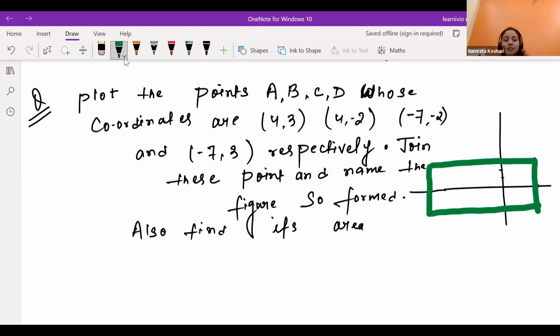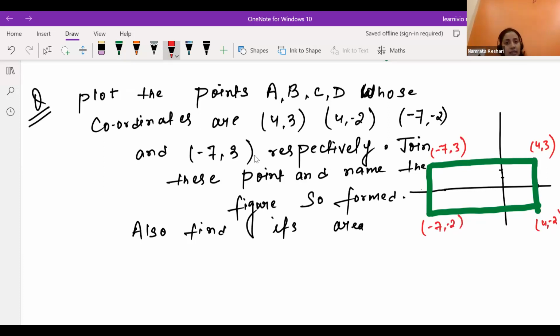That's why I say rough sketch. However, when you do it on graph paper, your figure will be accurate. Anyhow, we got these points: this one is (4, 3), this one is (4, -2), this one is (-7, 3), and this one is (-7, -2).